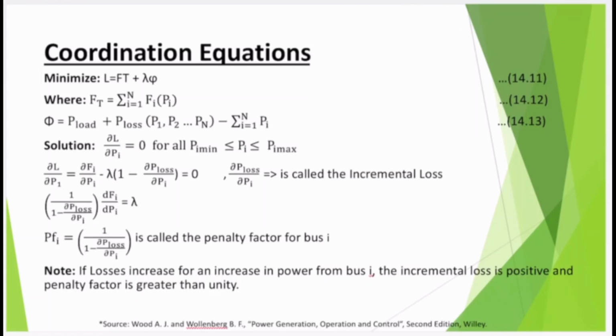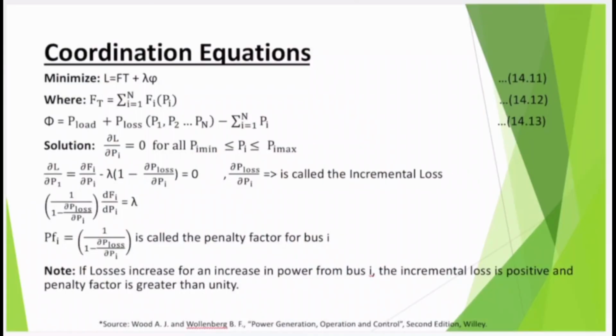What I wanted to highlight is that previously the loss was a function of P1 only, but practically it may be a function of all the generator outputs in a complicated network. So the P loss equation could be a function of P1 squared, could be a function of P2, could be a function of Pn, or a mixture of all these generators.